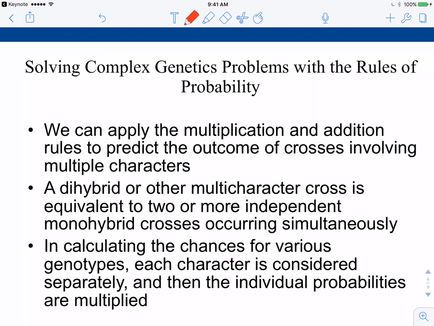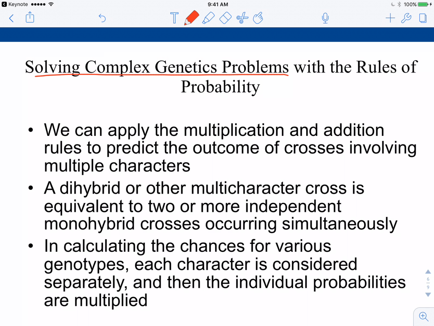Okay, so let's look at how these rules can be used to solve more complex genetic problems. If we're using dihybrid crosses or trihybrid crosses, doing Punnett squares with 16 squares or 32 squares or 64 squares is very cumbersome and time consuming. So we can use math instead.